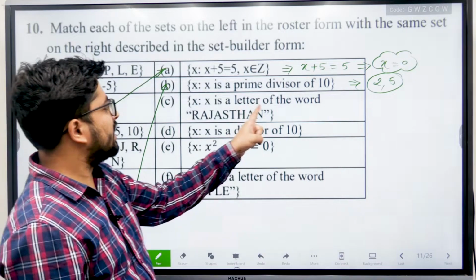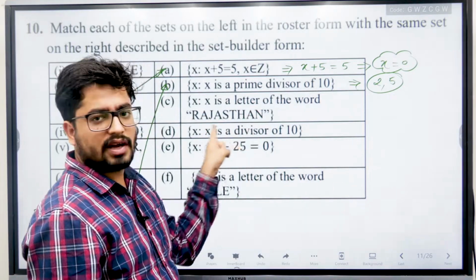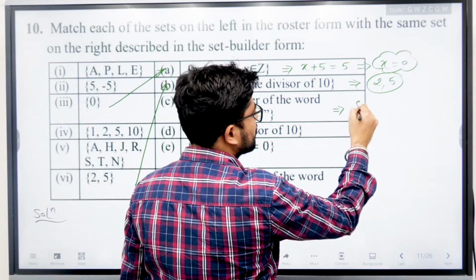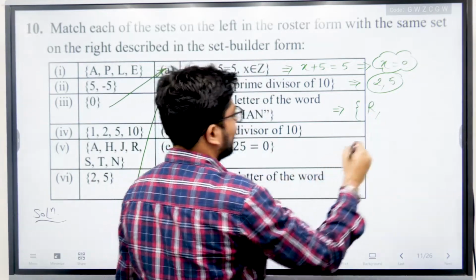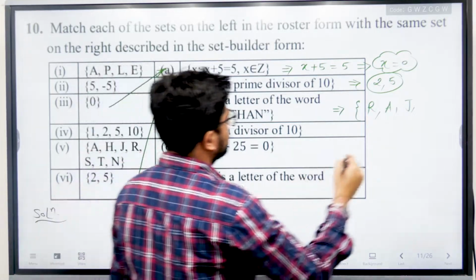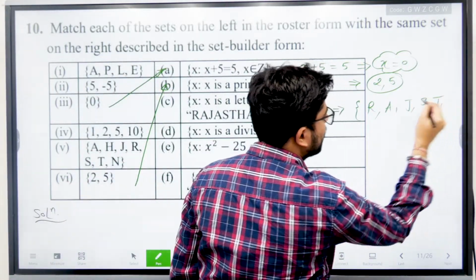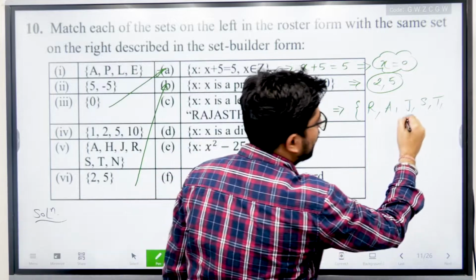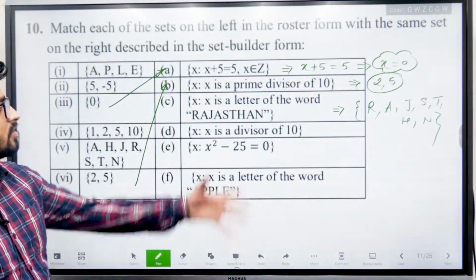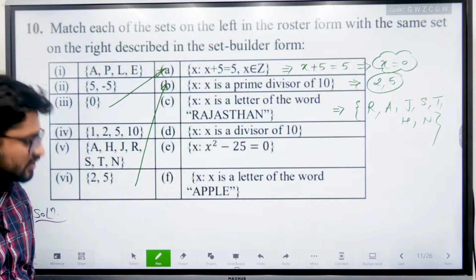Next, x is a letter of the word Rajasthan. So what is this set? This set contains R, A, J, S, T, H, and N. Yes, these are the letters in the word Rajasthan.